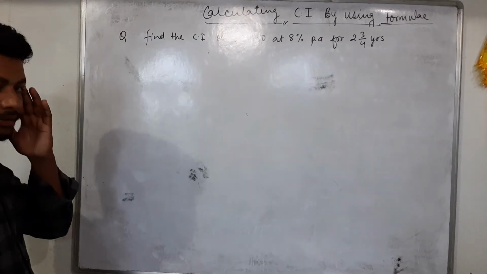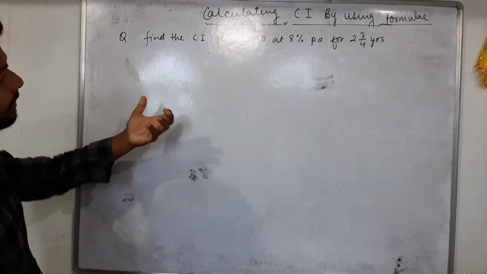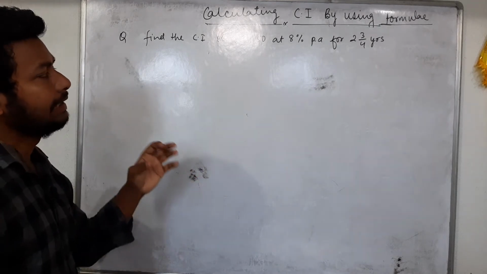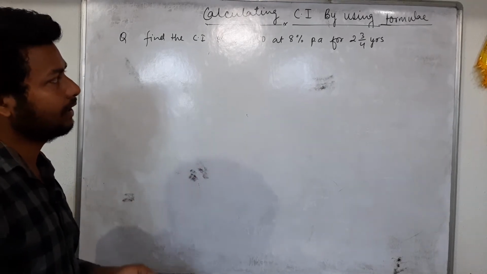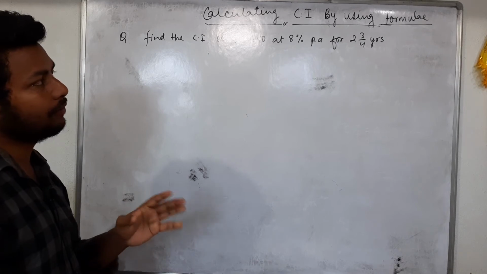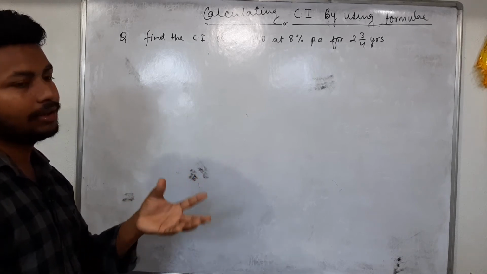Now we are going to move on to question number 3 based on case 3. See question number 3, that is find the compound interest on rupees 31,250 at 8% per annum for 2 whole 3/4 years.